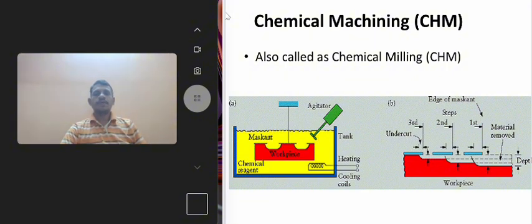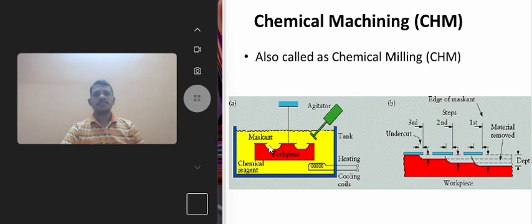The workpiece to be machined is first cleaned in trichloroethylene vapor or in a solution of mild alkaline at 85 to 90 degrees Celsius, followed by washing in clean water. This removes dust and oil from the workpiece.